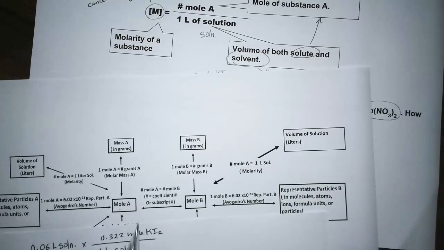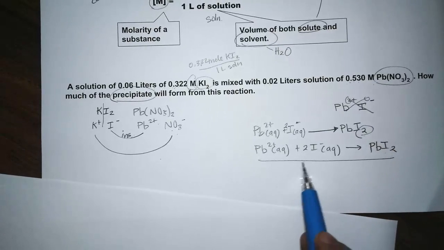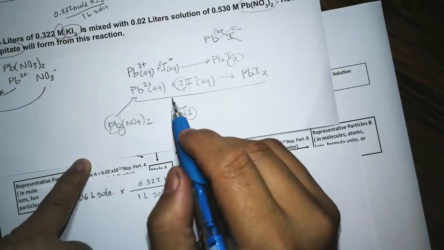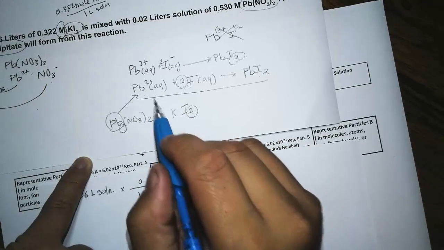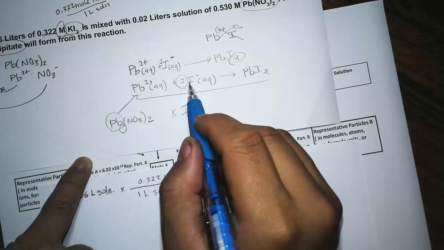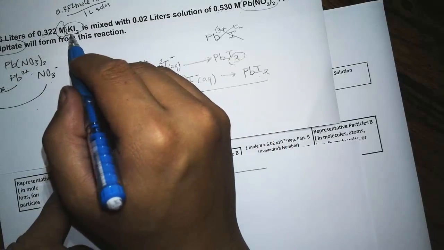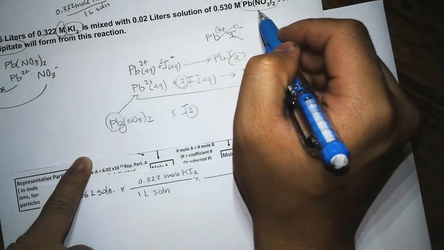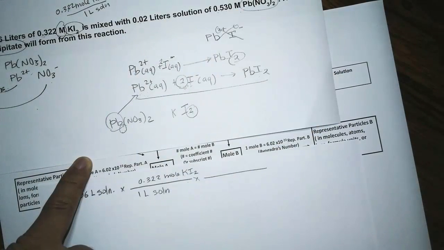And once we get moles, we can now convert to moles B using the chemical equation right there, and convert to mass using the molar mass. So let's finish the problem. If we look at the net ionic equation, notice how the reactants lead and iodide are both ions, but our given reactants are in compound form. So the way it works is this.